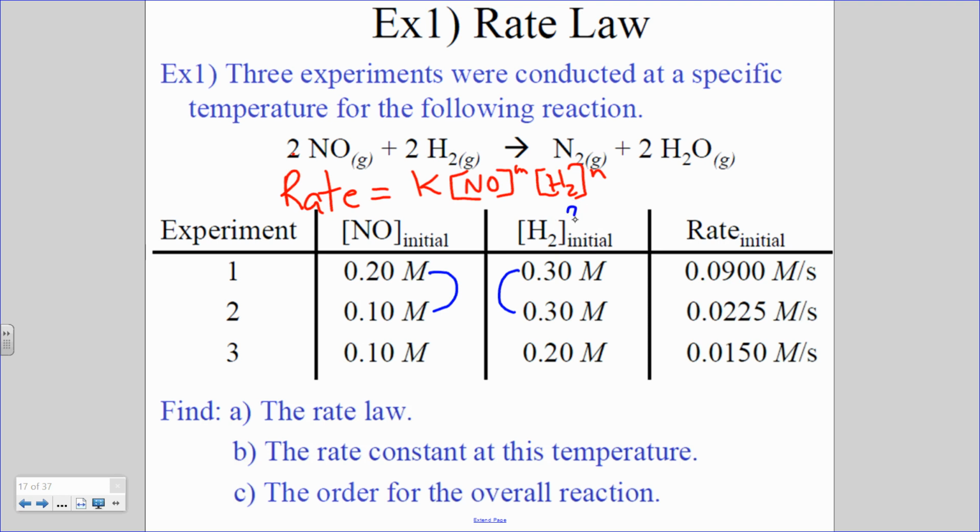So now to figure out this one, I need two experiments where the concentration of this one changes. And for the other reactant, since I'm not interested in that, I already know that this is 2. I need these two to stay the same.